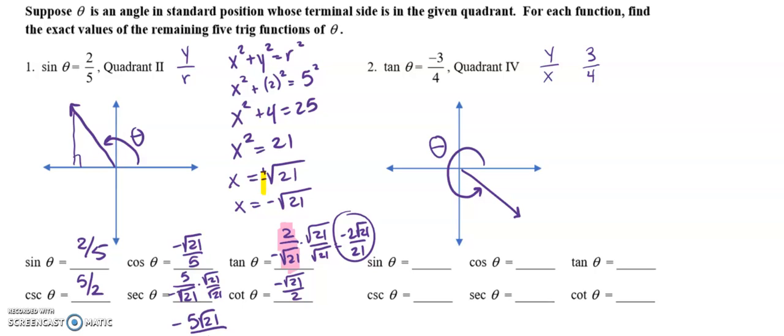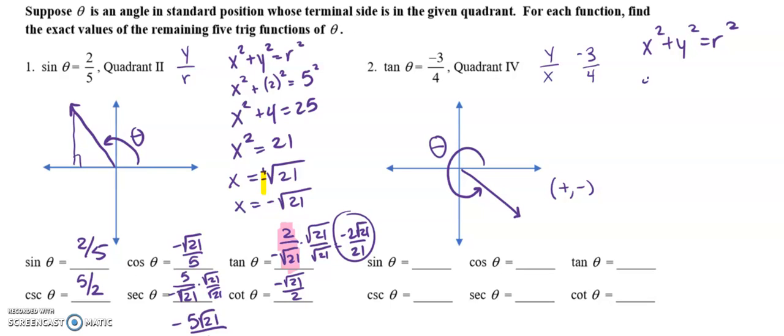If we are in quadrant 4, the x is positive and the y is negative. Therefore, it will be a negative 3 for the y, and the x will be a positive 4. X squared plus y squared equals r squared.